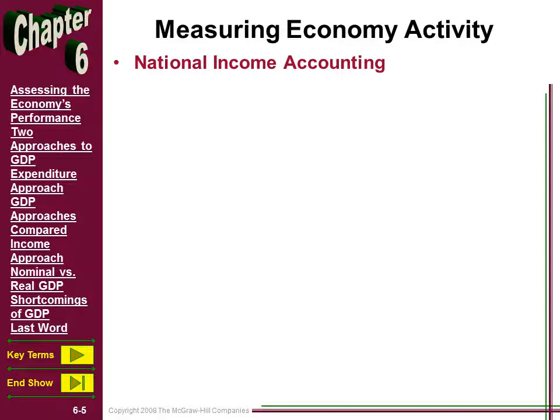Okay, now let's get into the heart and soul of how we measure economic activity. We already talked about the idea of national income accounting, right? We talked about having the Bureau of Economic Analysis measure how much economic production takes place in the nation each year.